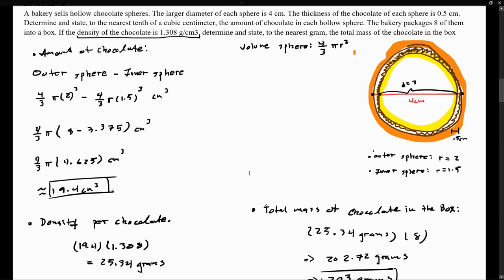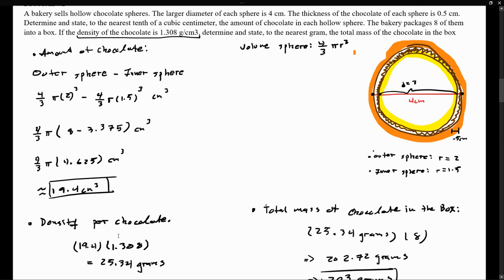So let's just recap what we did in this problem. First, we wanted to find out the amount of chocolate. The way that we did that is by looking at two spheres, the outer and the inner. To find the amount of chocolate, we did the outer minus the inner. That gives us the chocolate present in this hollow ball. Then we said, this is how much chocolate there is, 19.4 centimeters cubed.